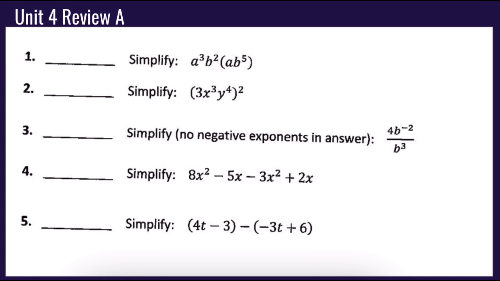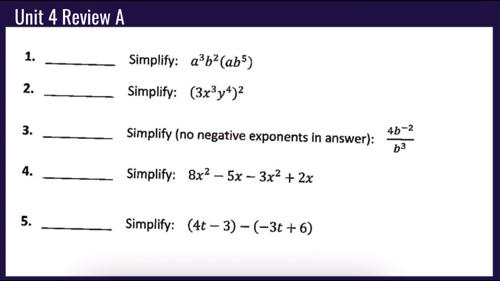A to the third power times B to the second power times A times B to the fifth. Well, the first thing that I would suggest doing if this looks pretty confusing is go ahead and put your variables together. Since this is all multiplication, then we can rearrange our parts without having to do anything extra.